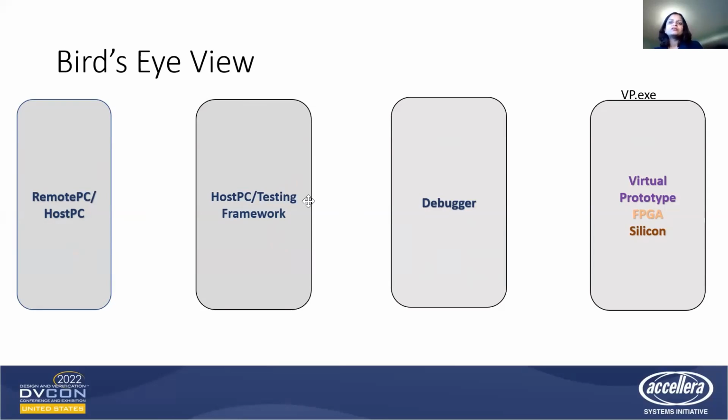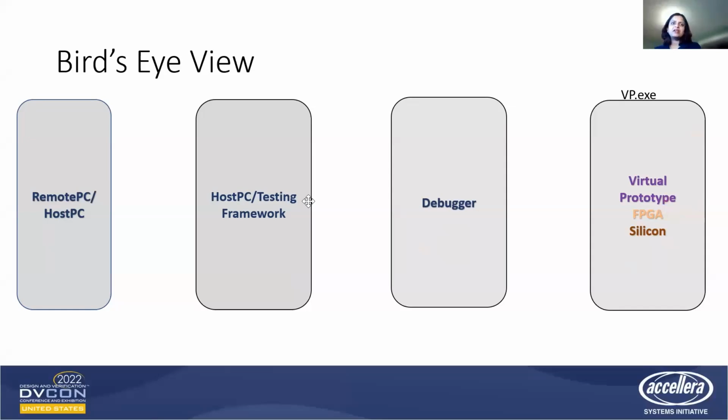Now, this is a framework which is capable of configuring application code, either by receiving it from the remote PC, or by generating it locally using some scripts. This block is the debugger. This can be used to build and launch applications in debug mode. The debugger also interacts directly with the system under test, which is the virtual prototype or an FPGA or silicon. And it also monitors the ports of the system.